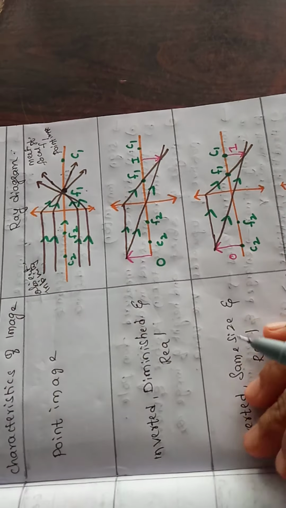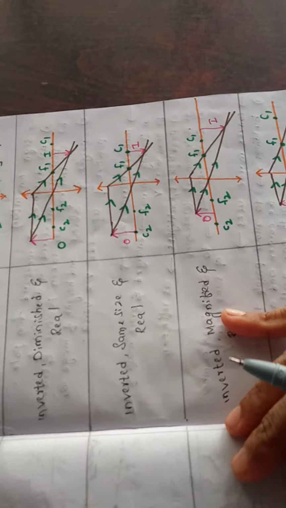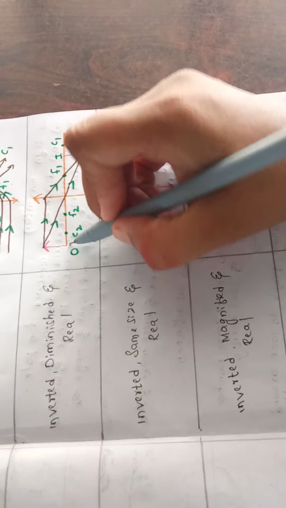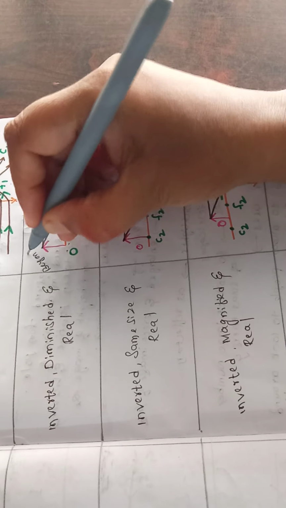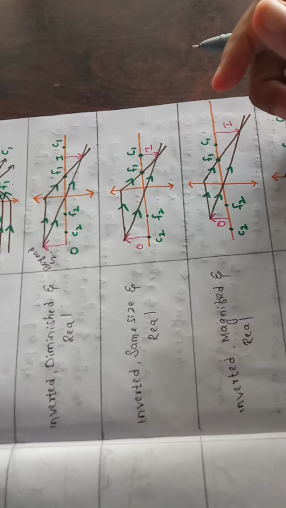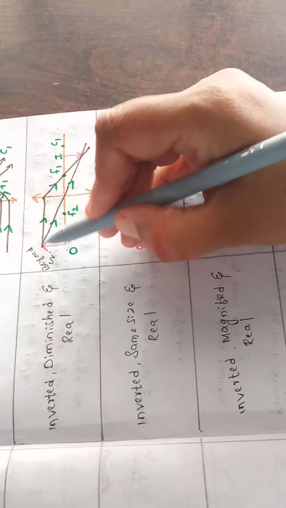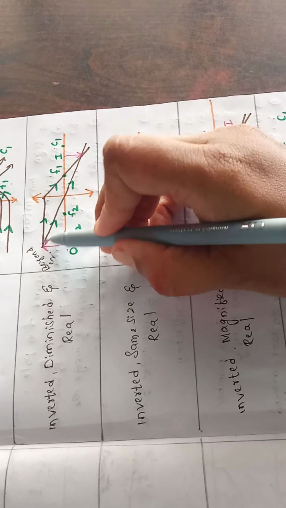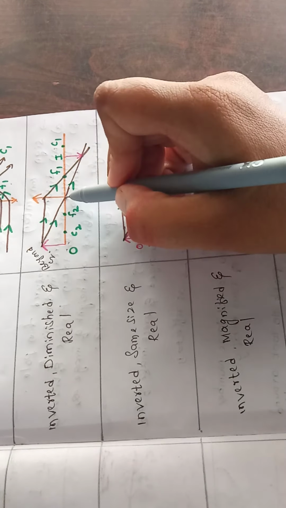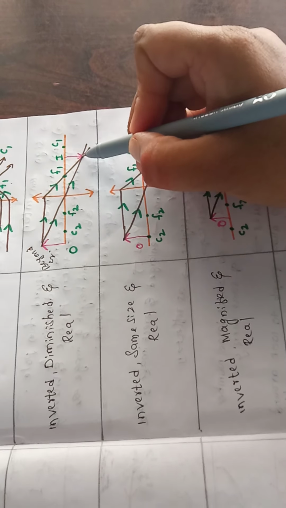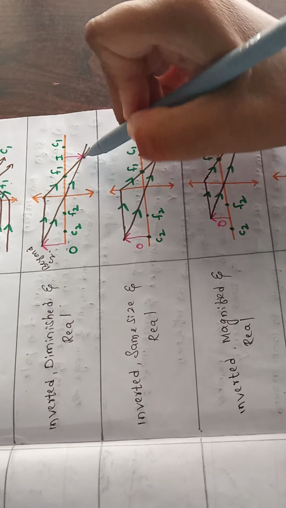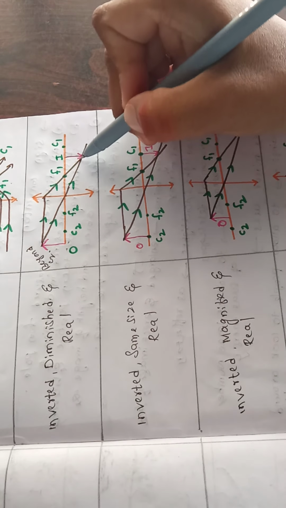Now the second point: the object is placed beyond C2. Now the rays are striking this convex lens. After refraction they meet here, meaning here the image is formed.